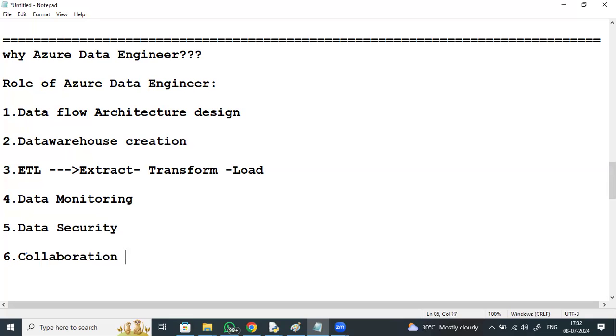Collaboration and communication. Just now I said, right? They should constantly communicate with the business team to check what the team needs, in what format you want the data.